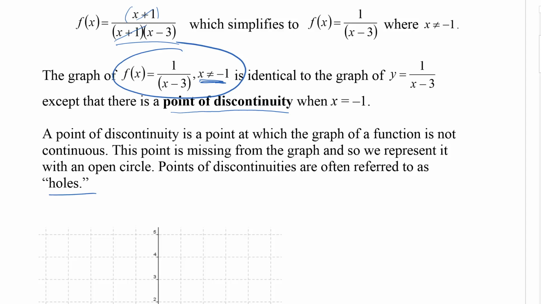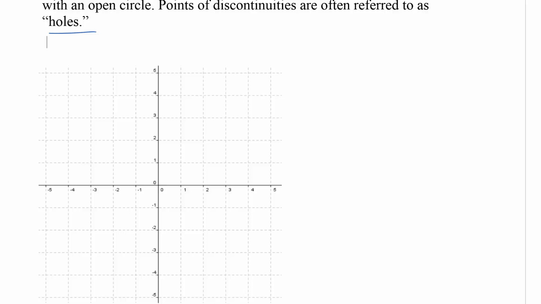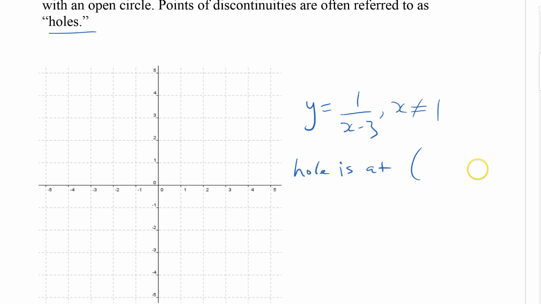So let's see if we can graph this. We have y is equal to 1 over x minus 3, and it says that x is not equal to negative 1. So first of all, let's find where the hole is. I know the x value is negative 1, but I don't know what the y value is yet. So let's figure that out.